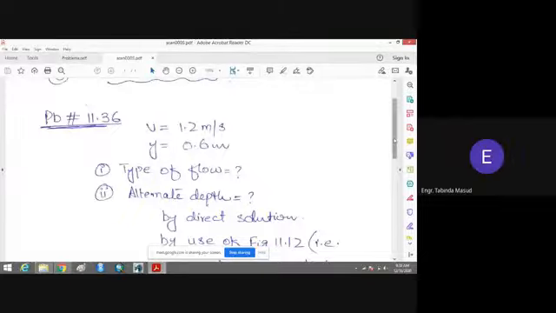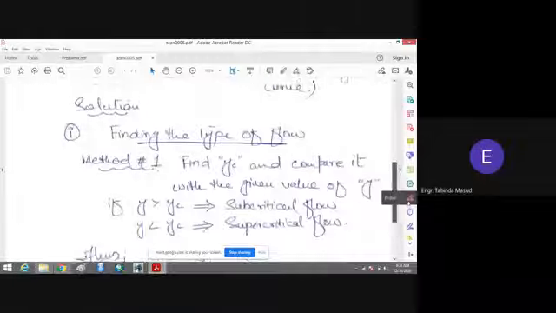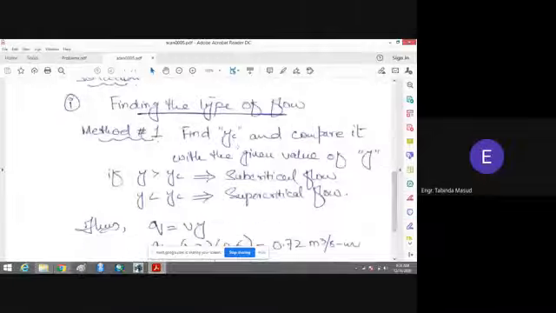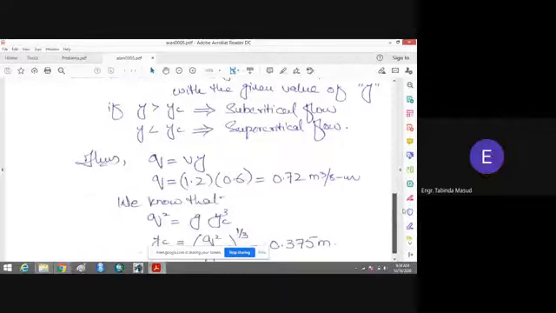You can compare the depth with the critical depth, or you can find the Froude number. This is the first method: finding yc and comparing it with the given value of y. If y is greater than yc, it will be a subcritical state. If y is less than yc, then it will be a supercritical state.